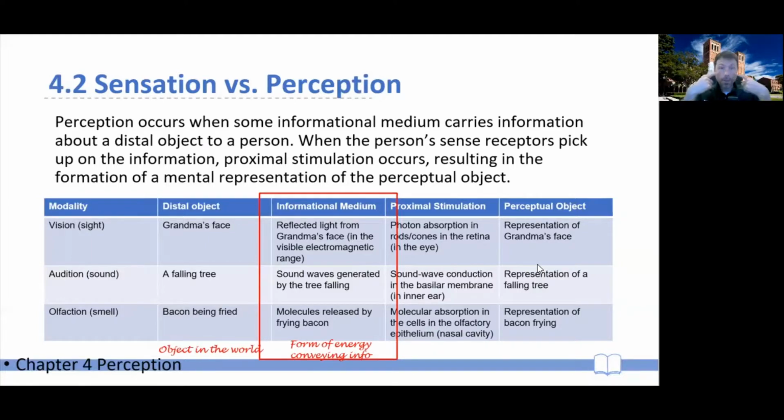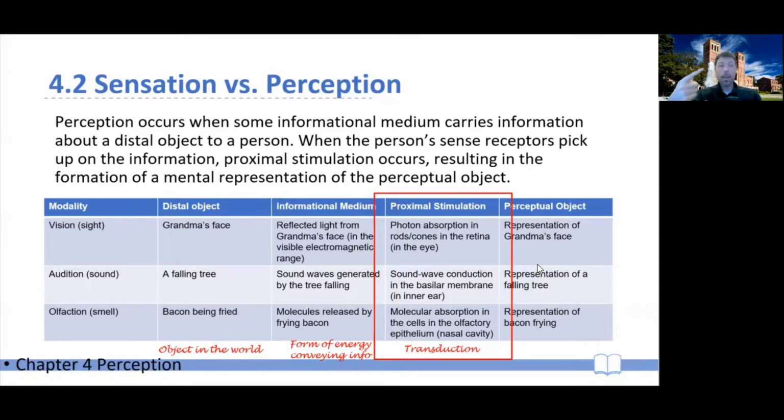So now photons are carrying information of the distal object to you. Then, once this information reaches your specific organs, whose job is to receive this information, in the case of vision, it's your retina, these photons get absorbed in the rods and cones of your retina, the cells inside your retina that receive information, and they translate that information, or in the words of neuroscience, they transduce that information from photons into electrochemical signals.